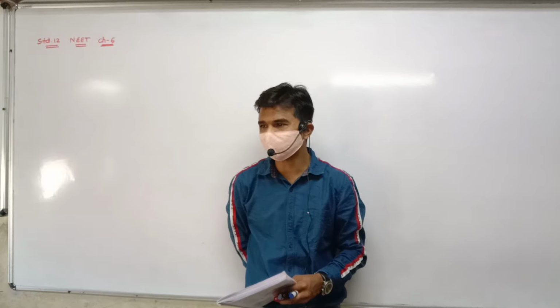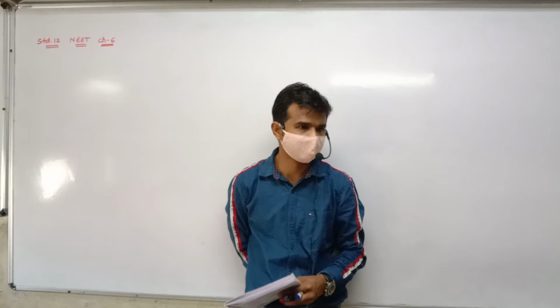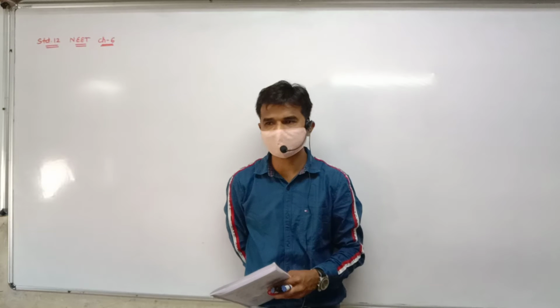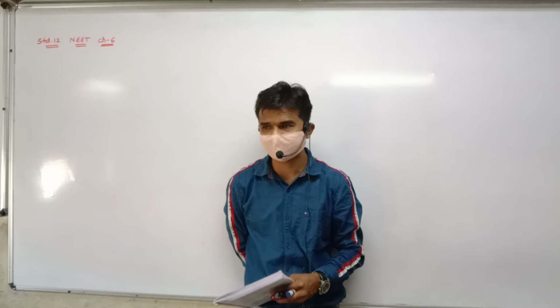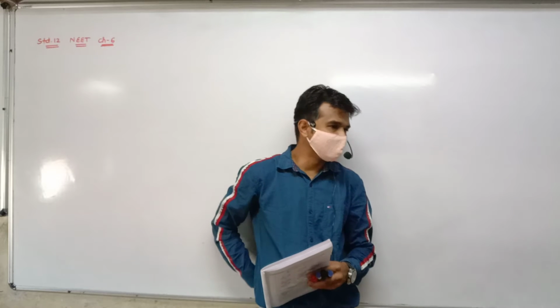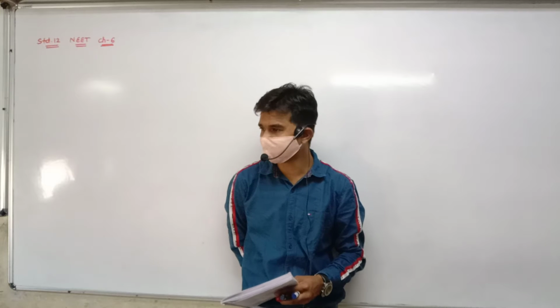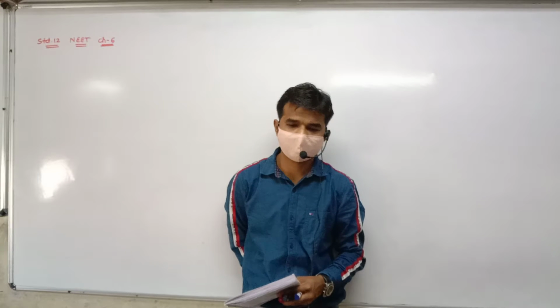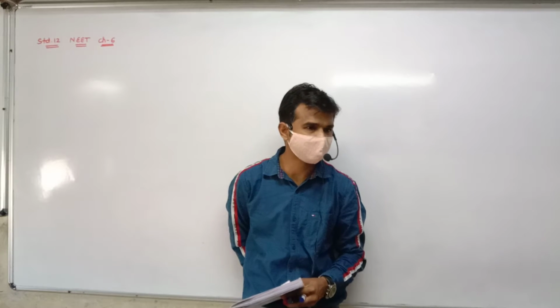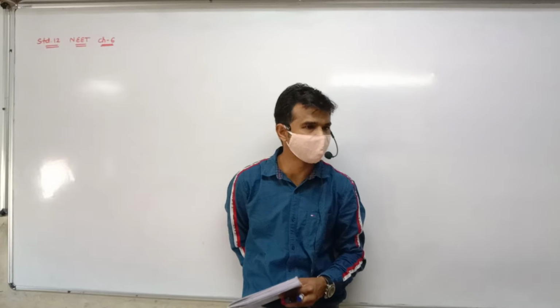The P32 affects the DNA material only, and this is very easy to understand and remember. You only have to write two important points. In DNA, phosphoric acid is there, so it is labelled by the radioactive phosphorus P32.